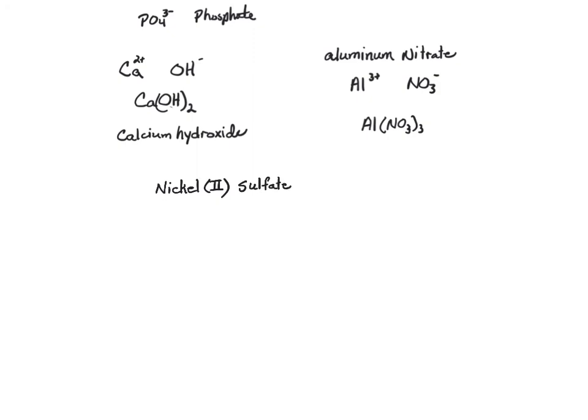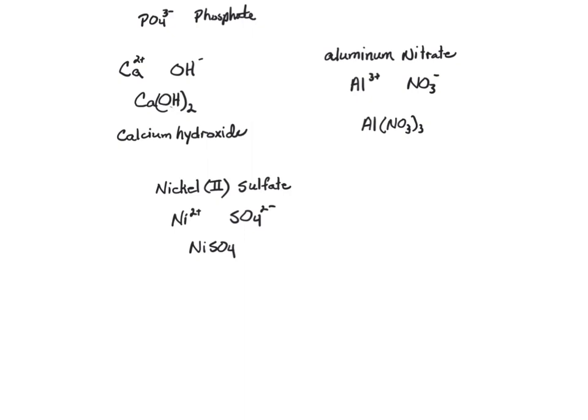Okay, we have nickel, and we're told explicitly here that nickel has a +2 charge. Okay, and sulfate is SO4, and it has a -2 charge. Okay, so the compound that would form would be NiSO4. And that's all we would have to do.